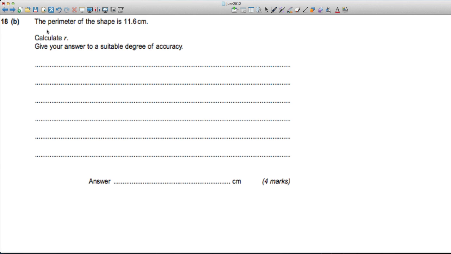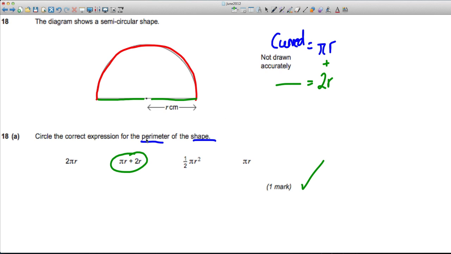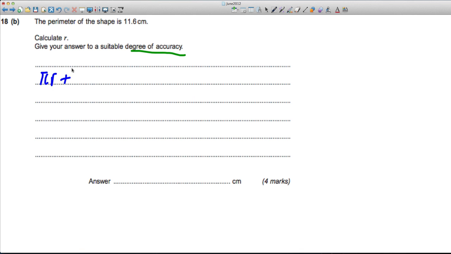The perimeter of the shape is 11.6. Calculate r, give your answer to a suitable degree of accuracy. So we know the perimeter is 11.6, and we know a formula for it is this one. So pi r plus 2r must add up to 11.6, right? And we are trying to find r. Now, what you should notice here is both of these have a factor of r in them. So I could factorize r out. Pi r divided by r is pi, and 2r divided by r is 2.